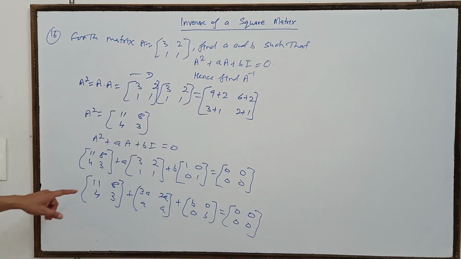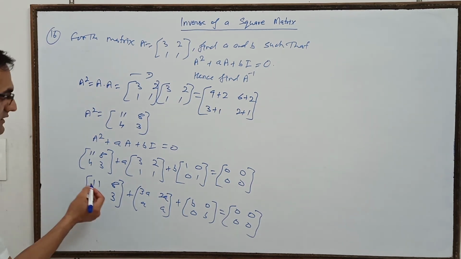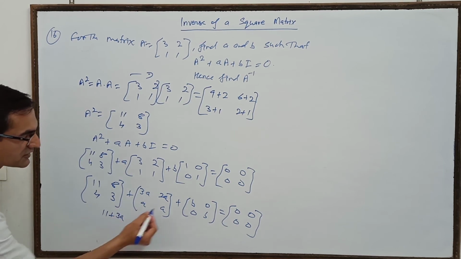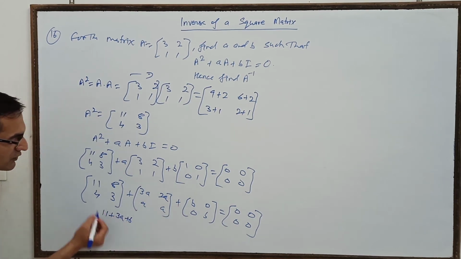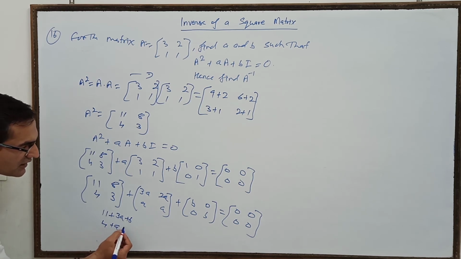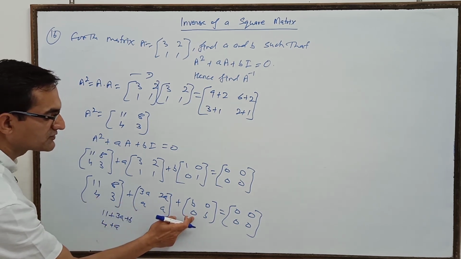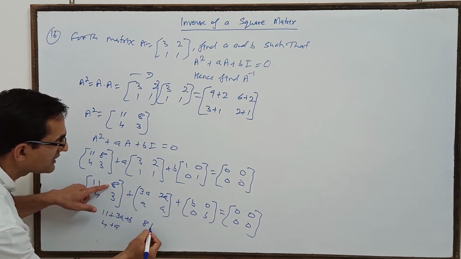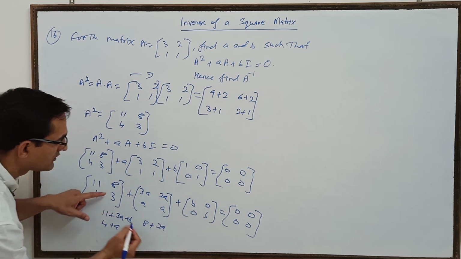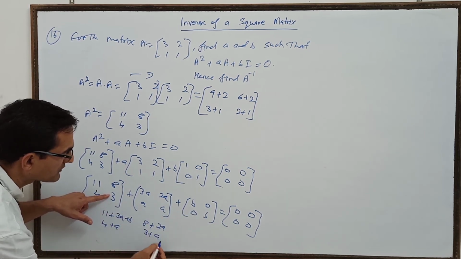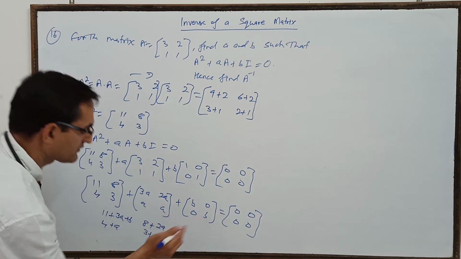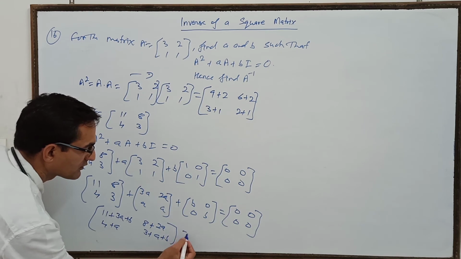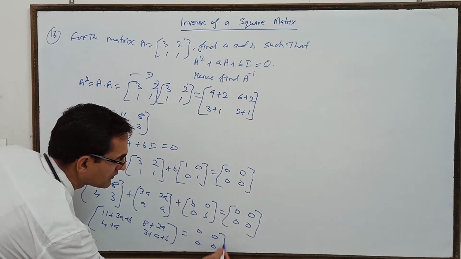Okay, now first of all add them. 11 plus 3A plus B for this one. 4 plus A, plus 0, no need to write 0. So 8, next 8 plus 2A plus 0, and 3 plus A plus B. This is equal to 0 0 0 0.